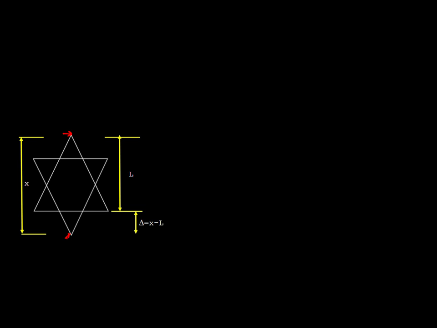You can verify, these two triangles are in fact congruent triangles, this side and this side. These are the heights in these triangles. They'll be equal. Suppose I'm taking the height as m.